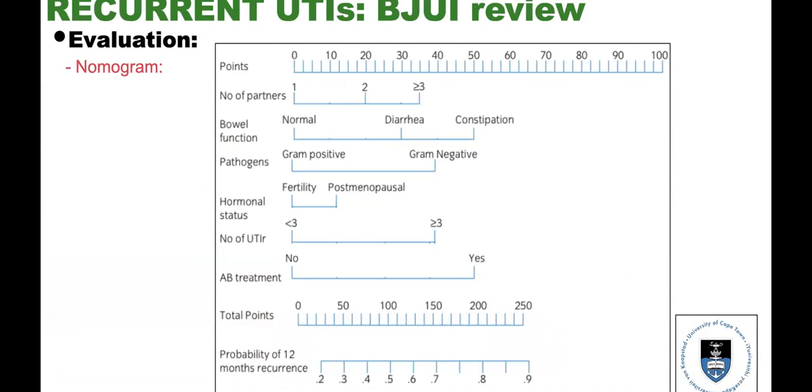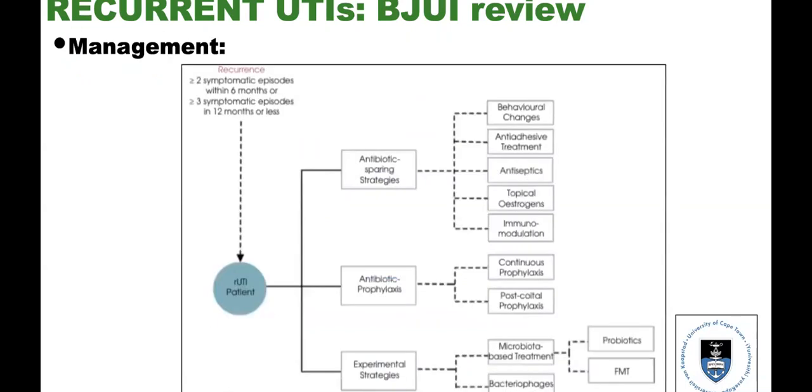Okay, Prof. So in terms of evaluation, they also noted a nomogram from one of the papers that they evaluated, and the nomogram has the ability to predict patients who will have recurrent UTIs, and the predictability of that was quite significant.